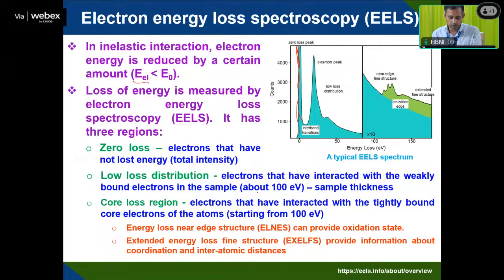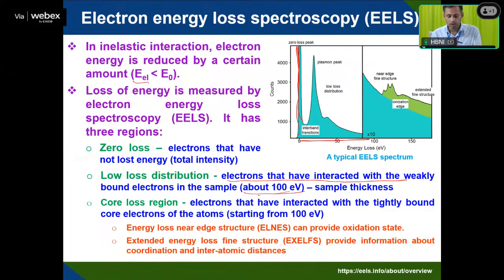The low loss region is about 0 to 100 electron volts. Here you will mostly see plasmonic peaks. These are electrons that have interacted very weakly with bound electrons. They are not elastic, but they interact in an inelastic manner, though the interaction is very low. Because of that, you get the low loss distribution.